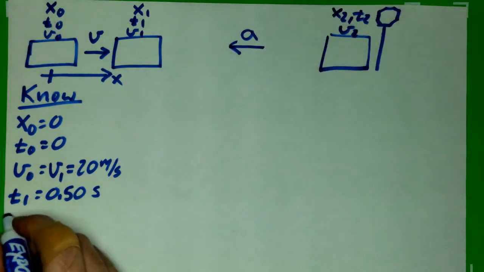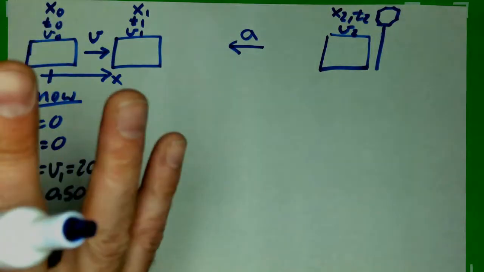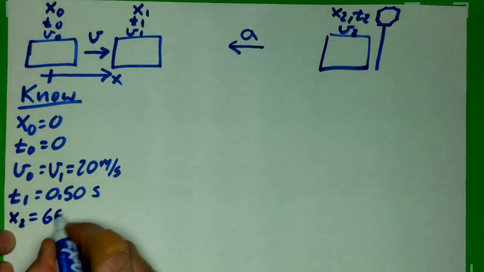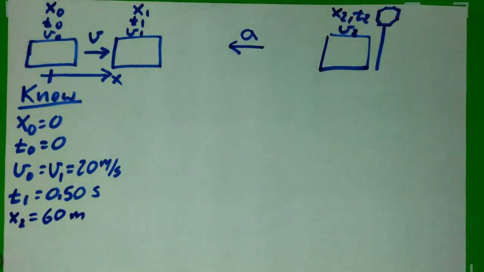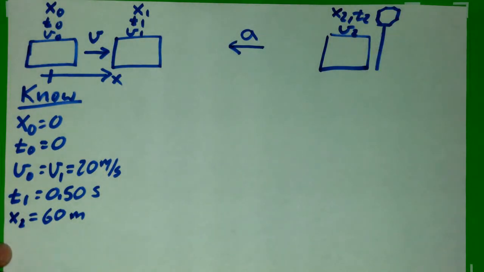So get over to here. x2, let's say that I know that the sign, when I see it relative to this point, when I first notice the sign, x2 is 60 meters away. The sign is 60 meters away. So I want to stop at that point. t2, I don't know what that is, but I do know v2. v2 is 0.